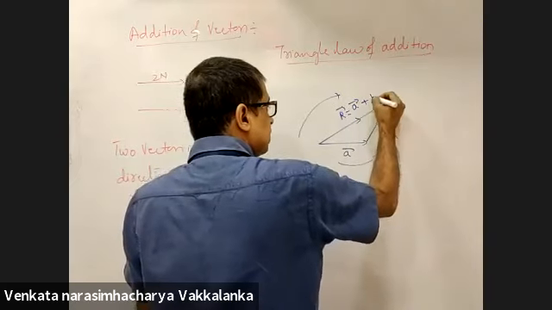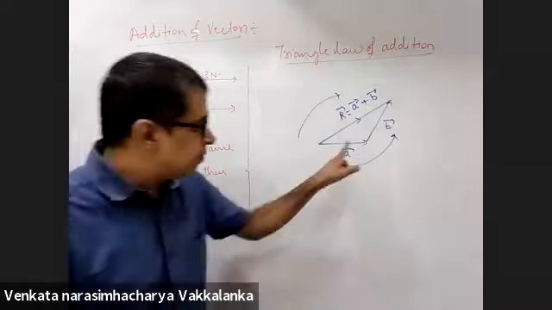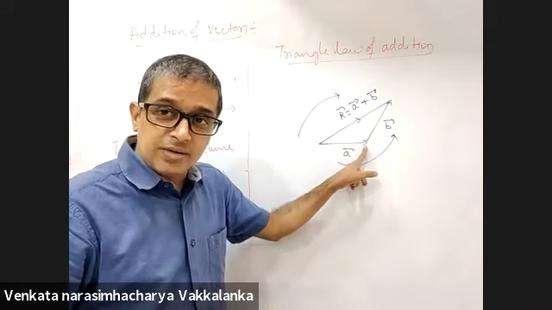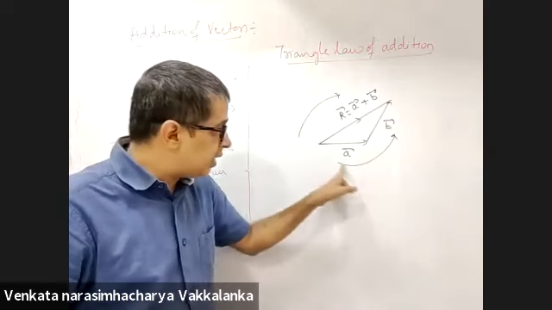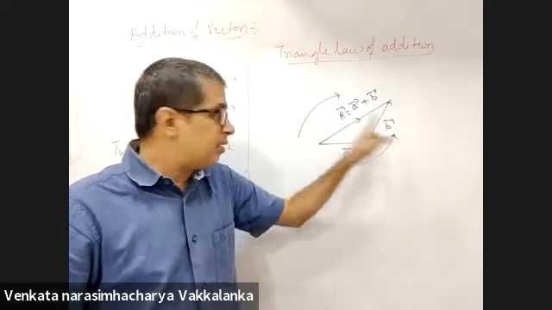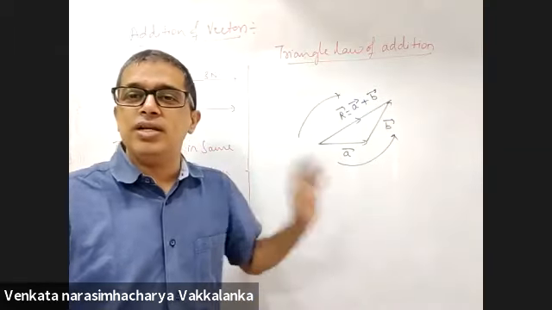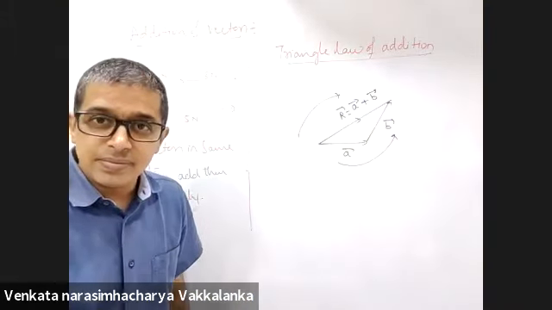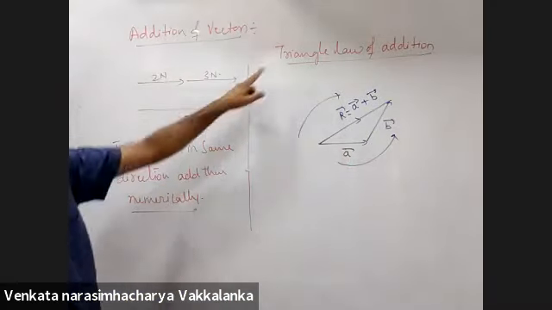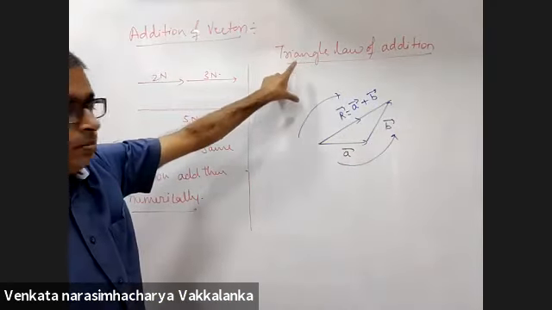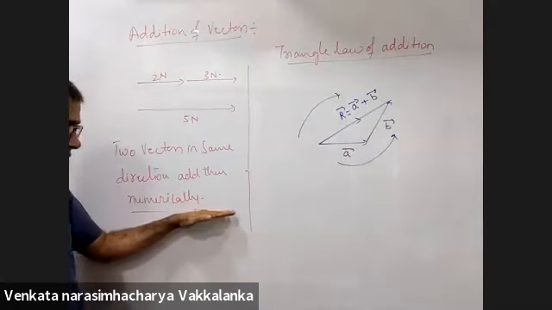This is vector A plus vector B. I'll explain that further. First of all, take it down till here. After writing the statement, you'll draw this diagram.